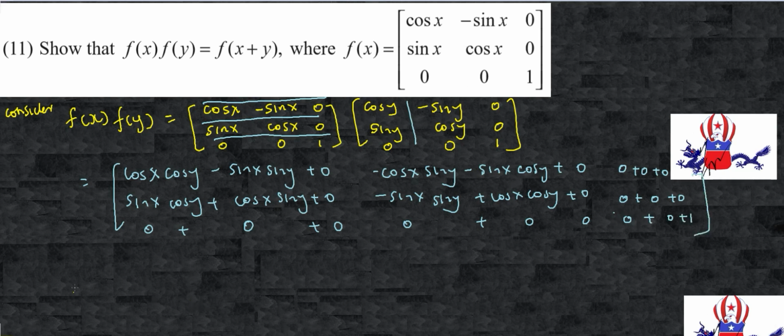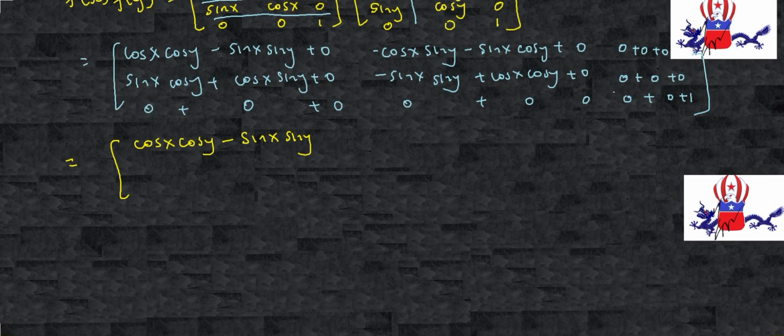So this is going to be, I'm rewriting the quantity. So I get cos x cos y, negative sine x sine y for the first element. And for the second element, it's going to be sine x cos y, positive cos x sine y.